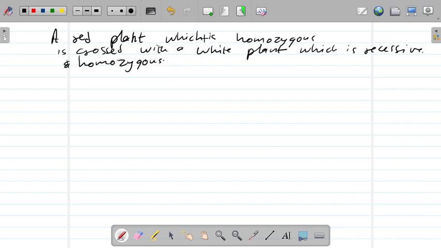And then they ask you, okay, represent the following information in a genetic diagram.